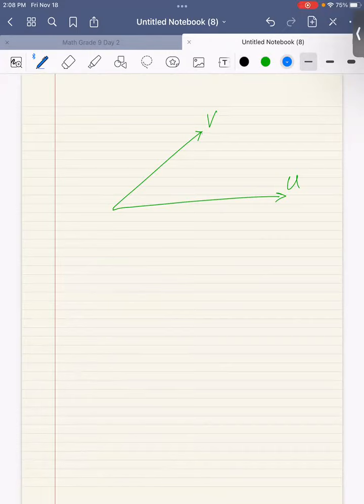One is parallel to u, which I call v parallel and denote by v with a double line. There is another component that is perpendicular to u, which I denote by v perp.